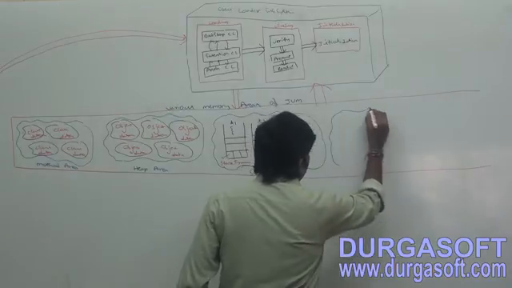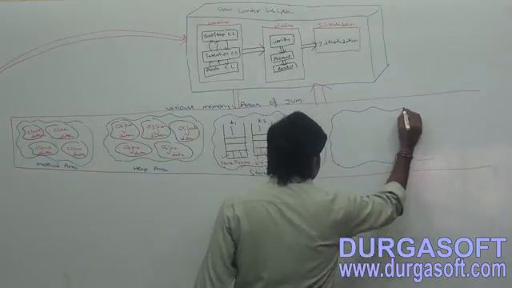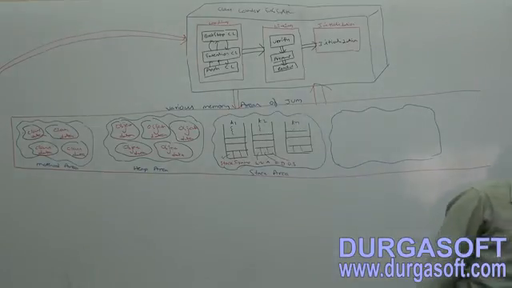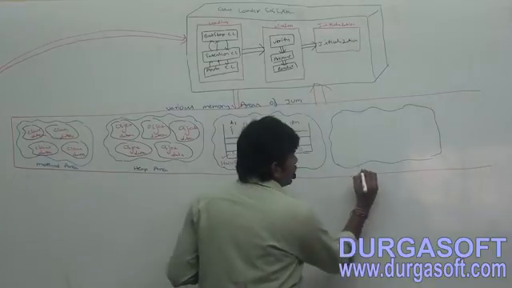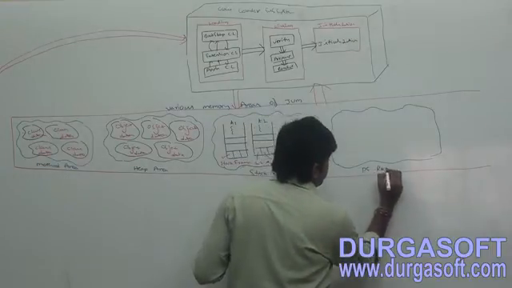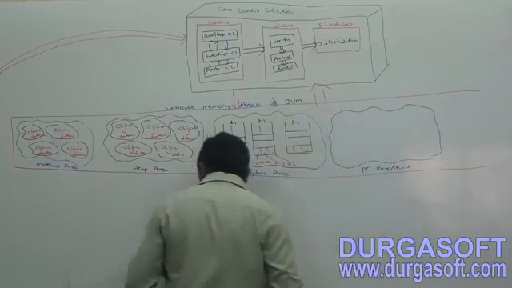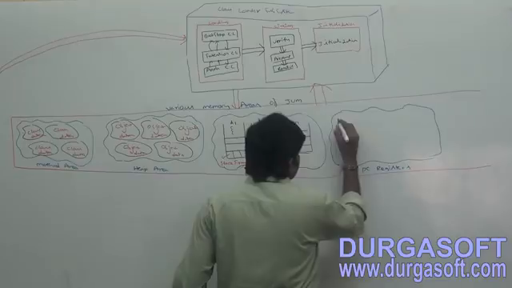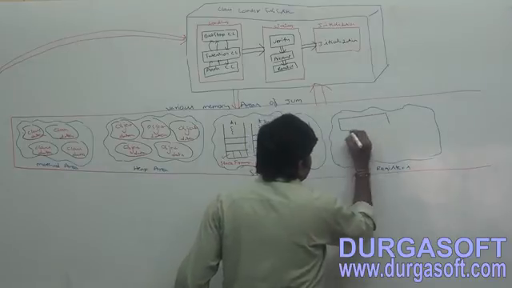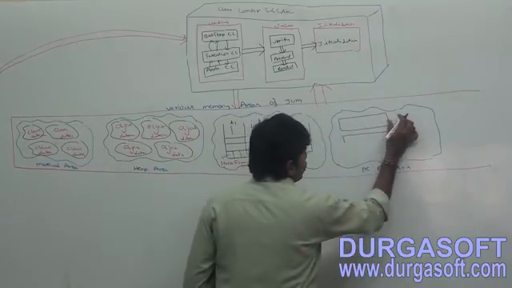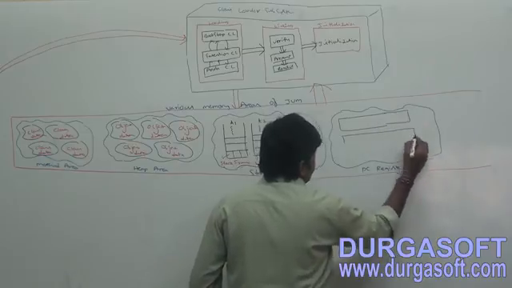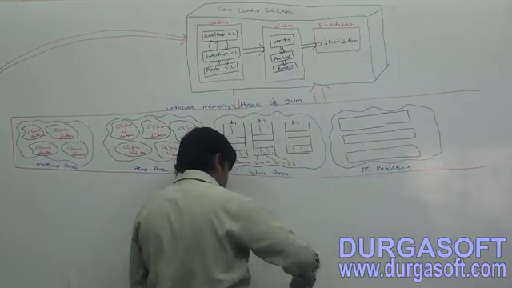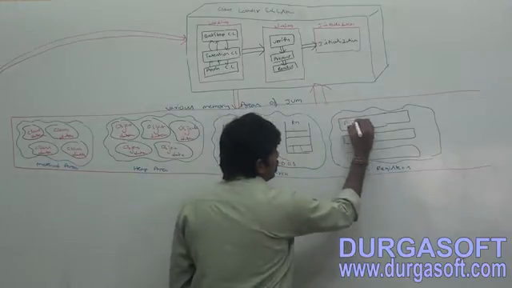Now the fourth memory area. What is the fourth one? PC registers. Very simple. PC register for thread 1, PC register for thread 2, PC register for thread n.